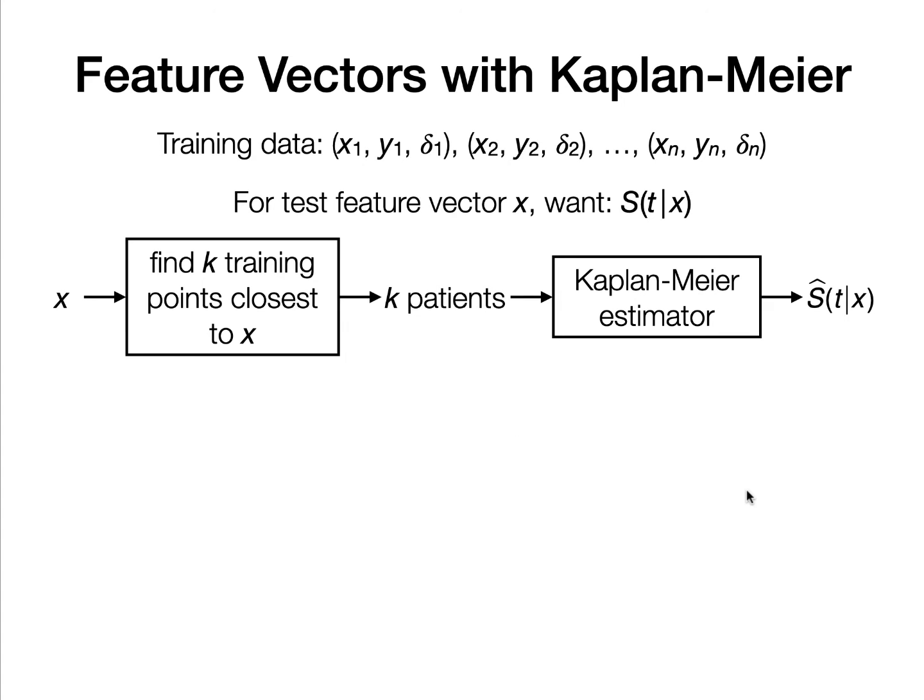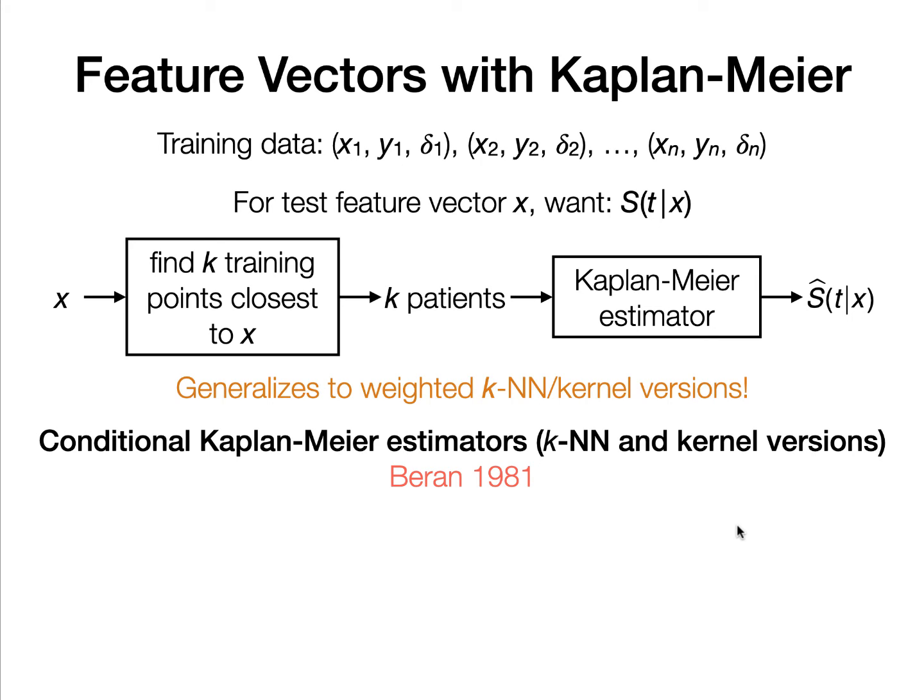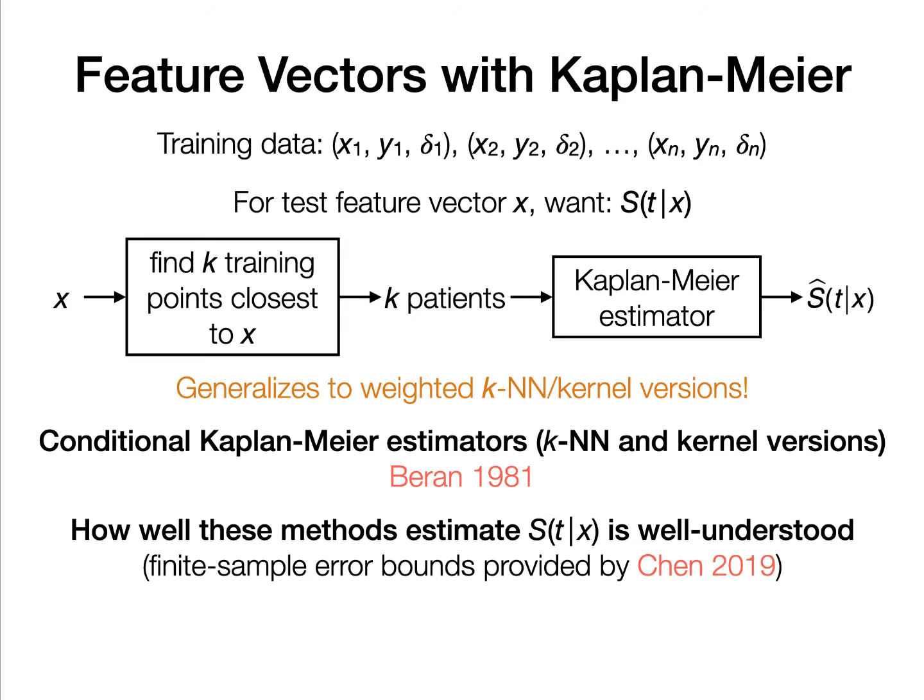Okay? Of course, this generalizes to weighted k nearest neighbor variants, and also there's a kernel version of this, kernel Kaplan-Meier estimator. In general, these are referred to as conditional Kaplan-Meier estimators, and these are by Beran from back in 1981. And I'll just say that how well these k nearest neighbor and kernel conditional Kaplan-Meier estimators estimate the true survival curve S of t given x is well understood.